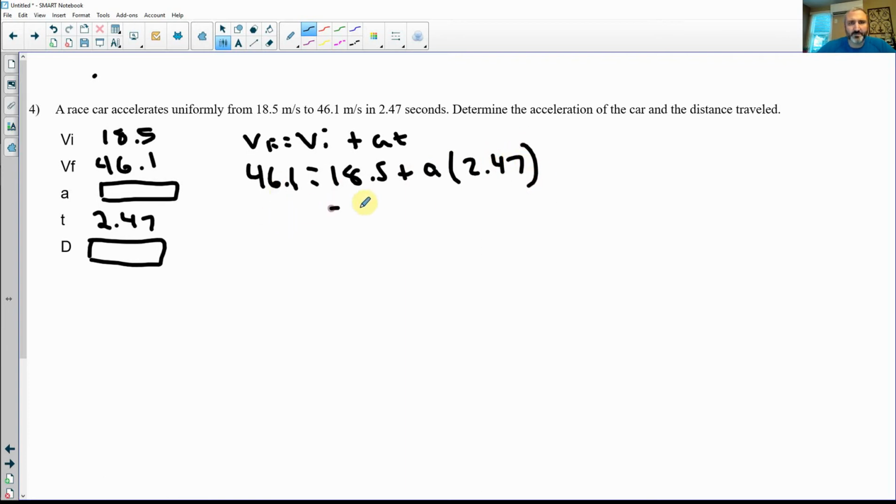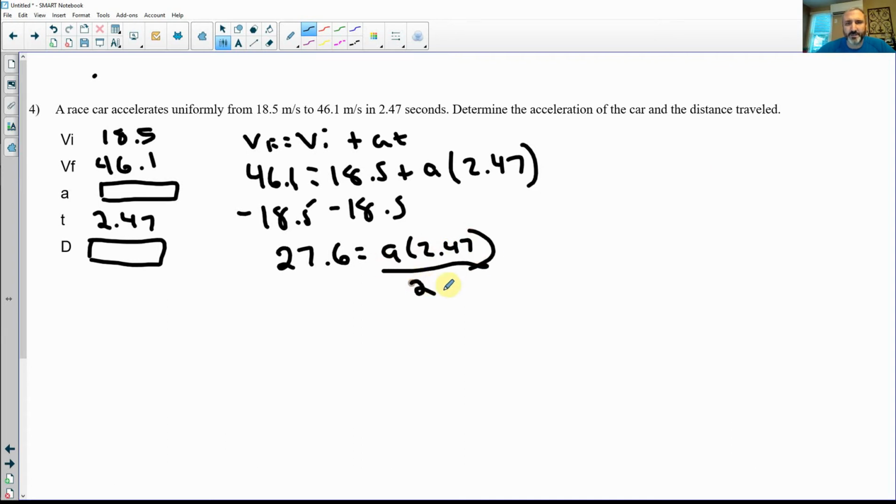So let's see, I'm going to subtract 18.5 from both sides. 46.1 minus 18.5 is going to be 27.6 equals A times 2.47. Divide both sides by 2.47.